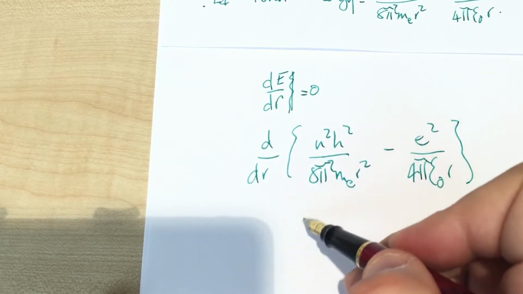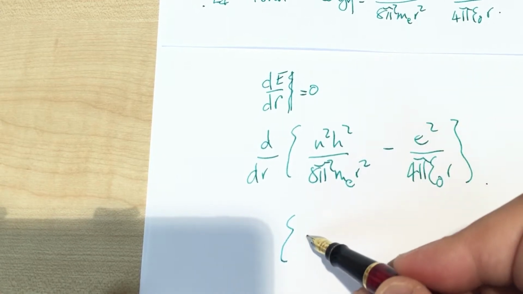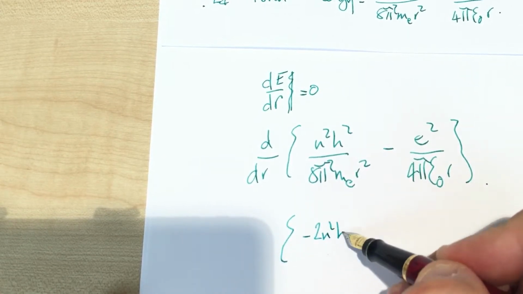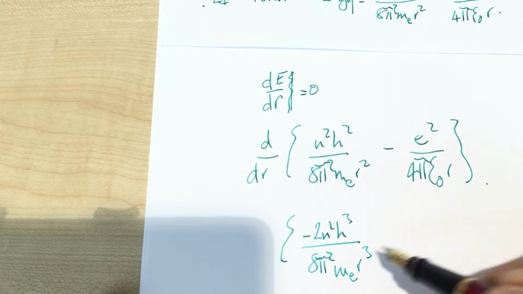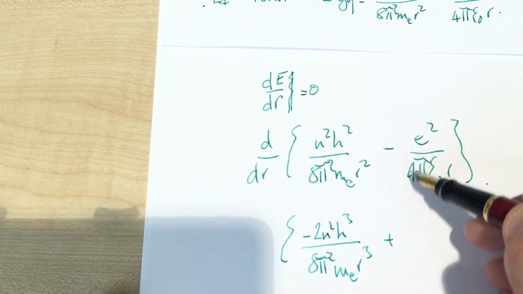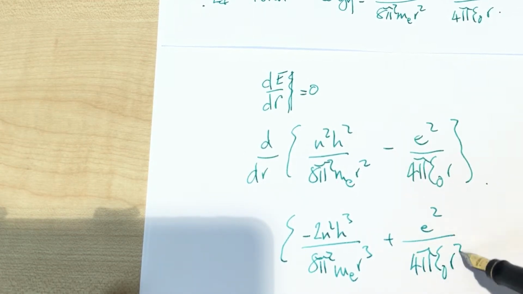So very simply, what happens here? Well, I get minus 2 n squared h squared over 8 pi squared m_e r to the 3 plus, because I get a minus 1 down, e squared over 4 epsilon naught r squared.